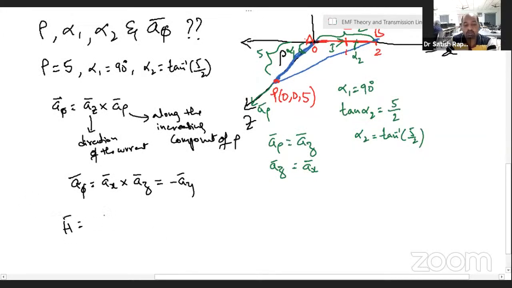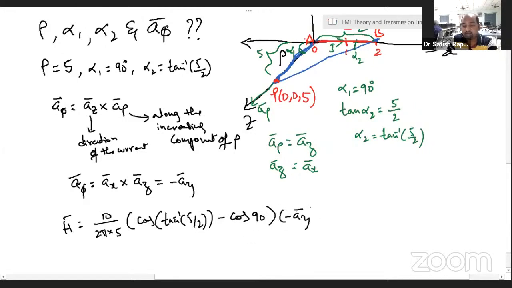So H bar is equal to I, which is 10, by 2 pi rho. Rho is 5. Cos alpha 2, which is tan inverse 5 by 2, minus cos alpha 1, which is 90 degrees, and a phi bar is minus ay bar.